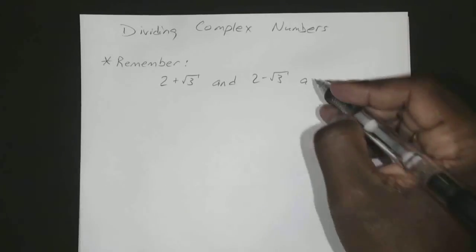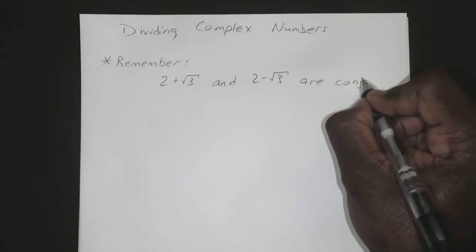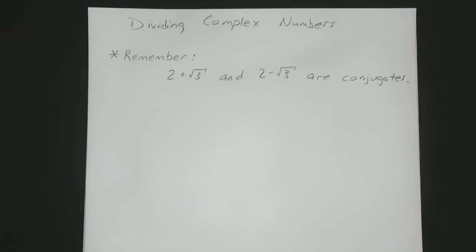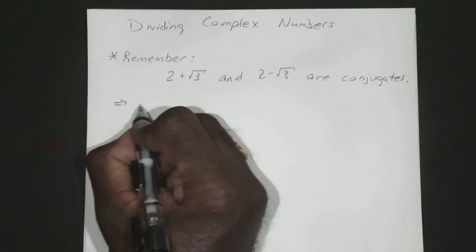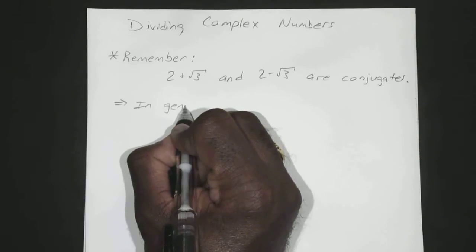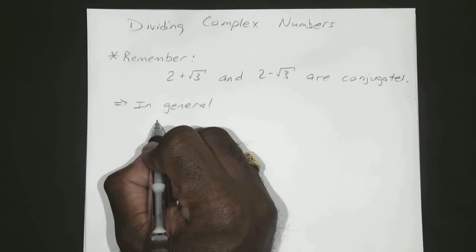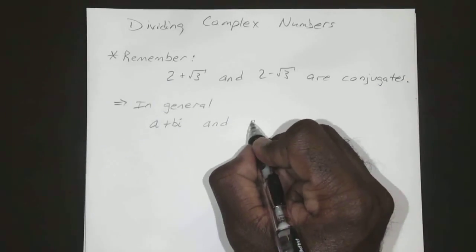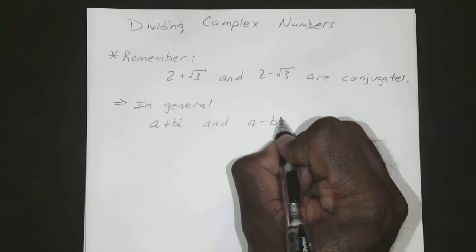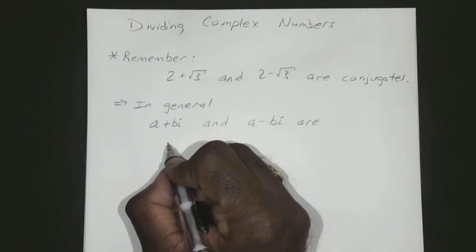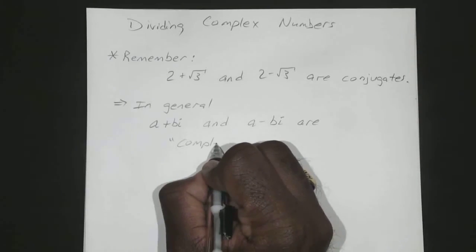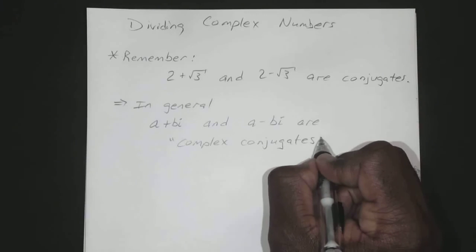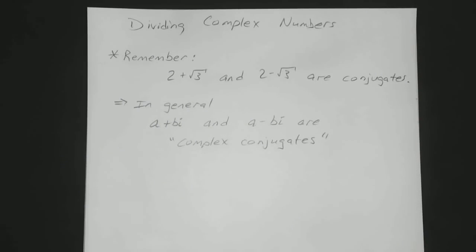So your sign changed. It's the same thing with complex numbers. In general, a plus bi and a minus bi are what they call complex conjugates. It's just a fancy way of saying they changed the sign.